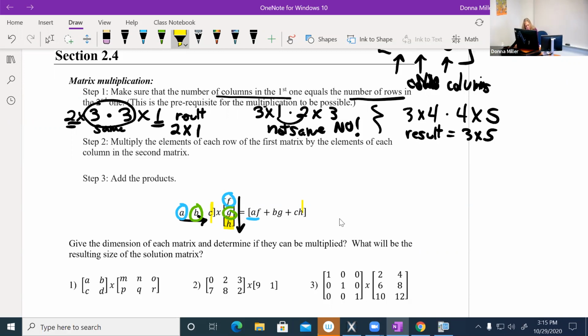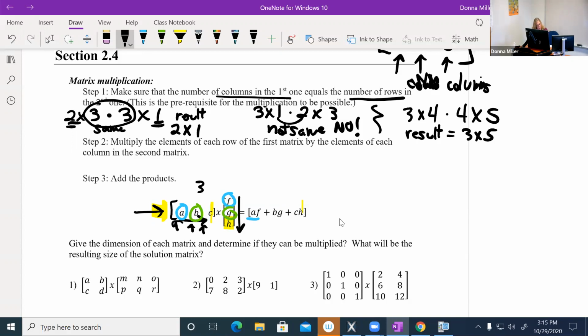And if you look at this matrix, what's the dimensions of this matrix? I should have done that first. How many rows? 2 by 3. How many things are going across here? 3, 1, 2, 3. That's columns, my bad. I got 3 columns.